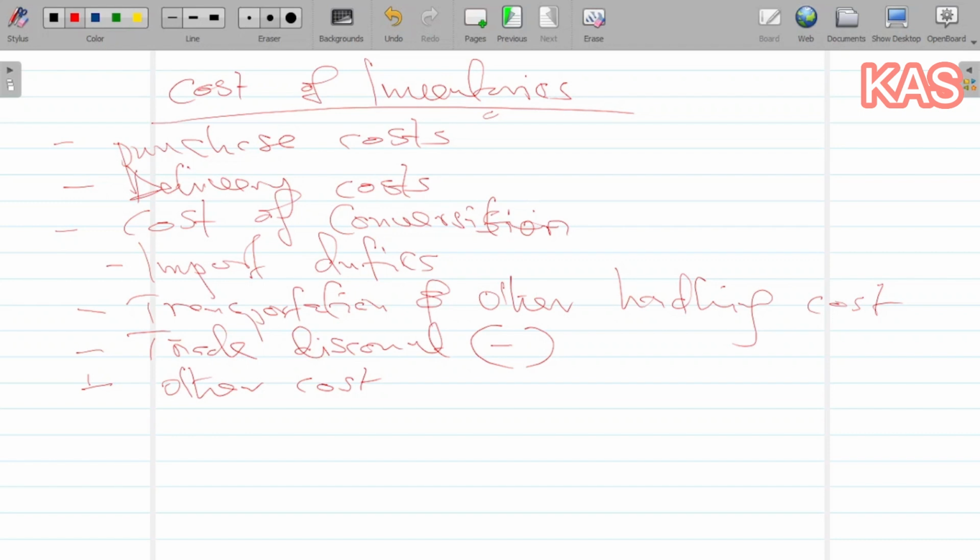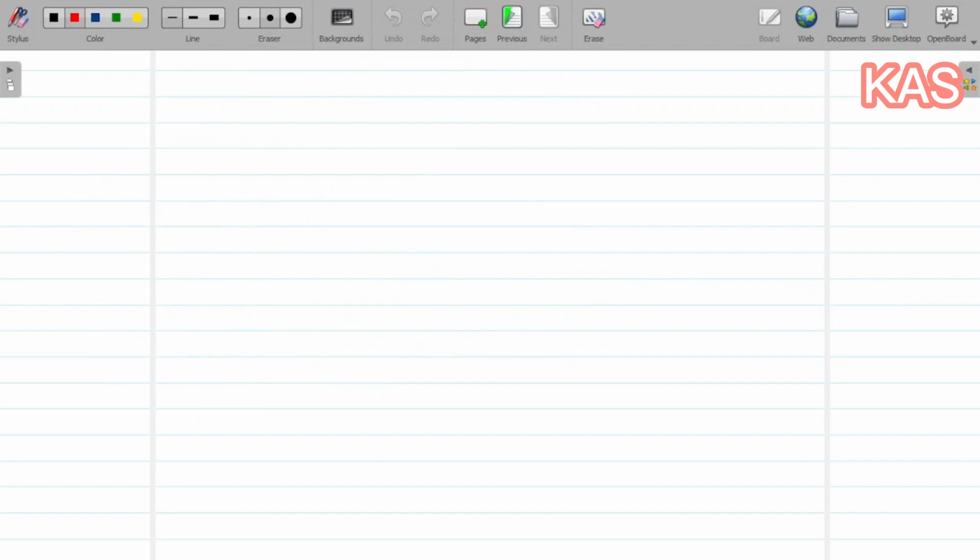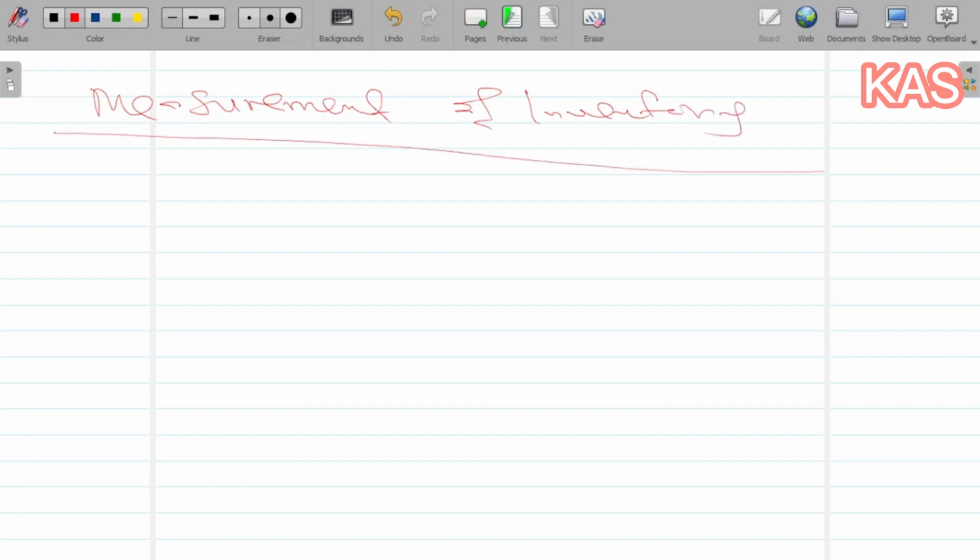Then the next thing we are going to look at is the measurement of inventory. Under measurement of inventory, we have two divisions. We have initial measurement and subsequent measurement.